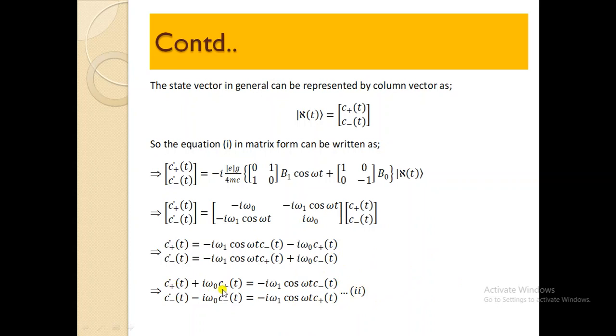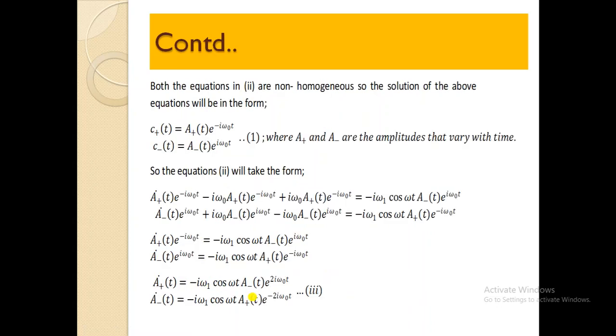From here we can see that the solutions of these equations are not homogeneous. So the solution would not be simple; it would be in the form I have done here. Both equations in the second are non-homogeneous, so the solution of the above equations will be in this form. This plus would be c plus t.